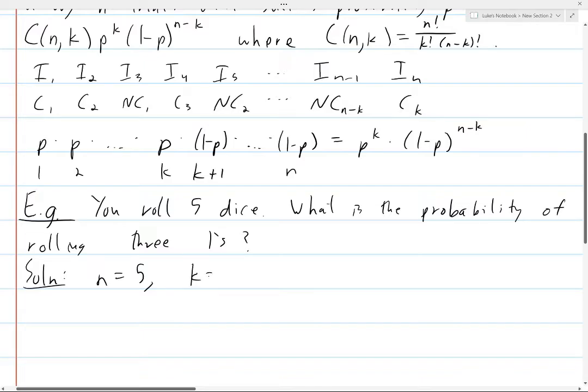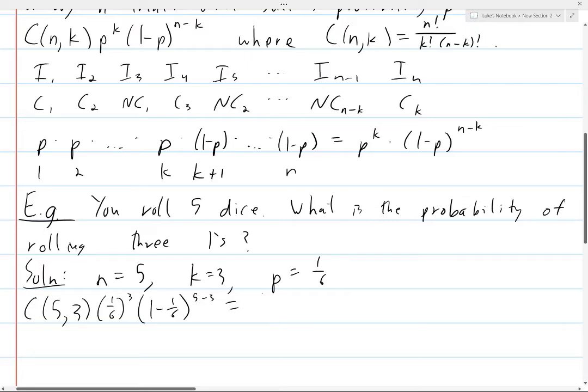So k equals 3, and each success is rolling a 1, and there's a 1 in 6 chance of rolling a 1. So our answer is going to be 5 choose 3 times 1/6 to the 3 times 1 minus 1/6 to the 5 minus 3.